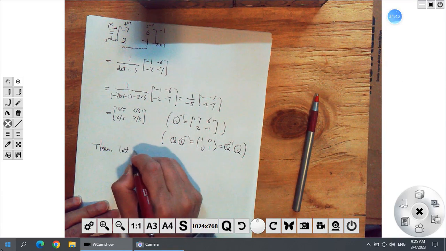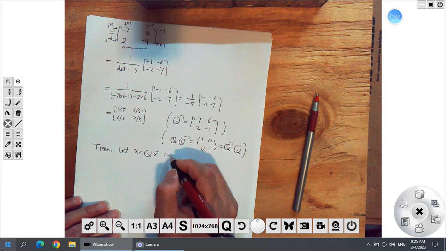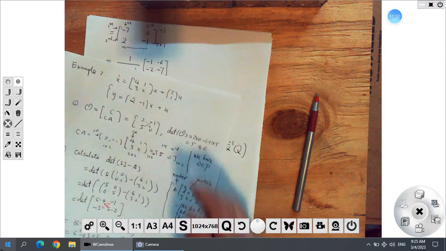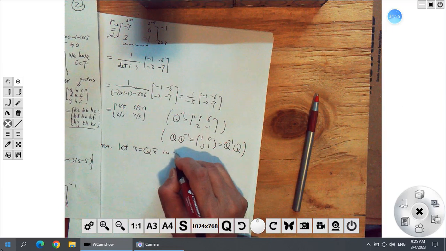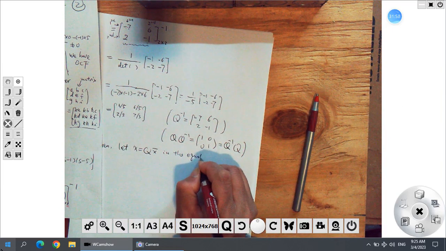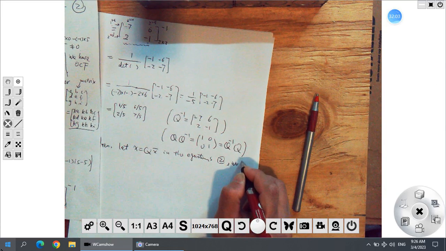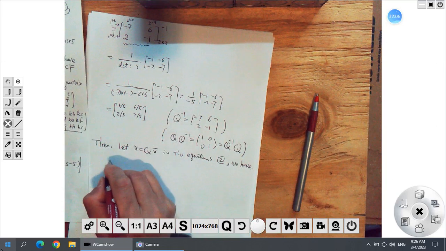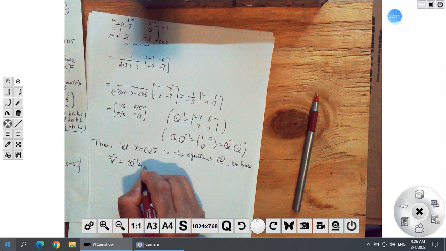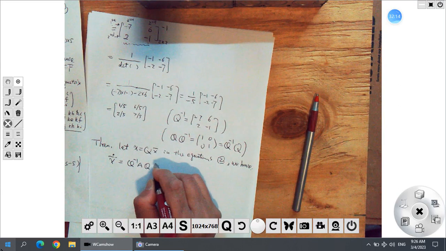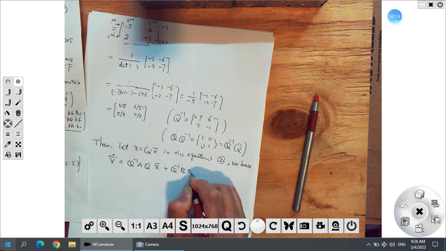let x equal to Q x bar, and in the original system, I say this is example 2. In the equations, we can have x bar derivative equal to Q inverse AQ times x bar plus Q inverse B u.